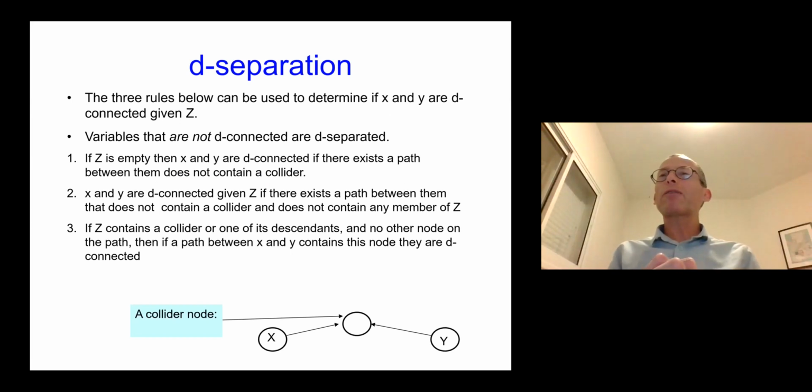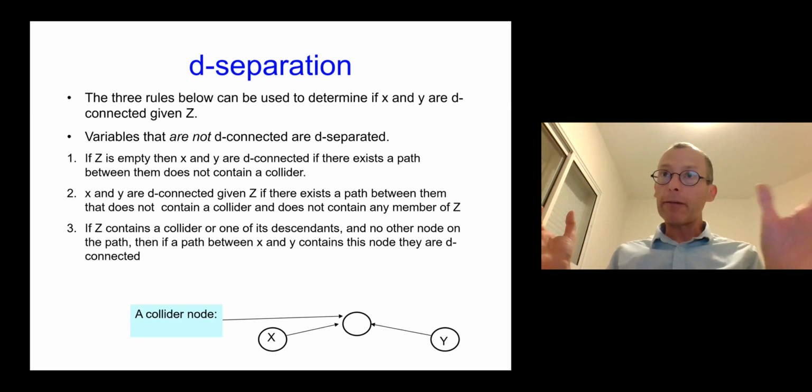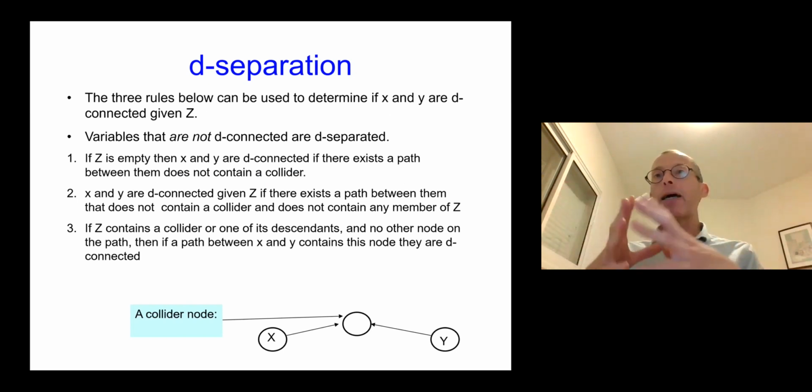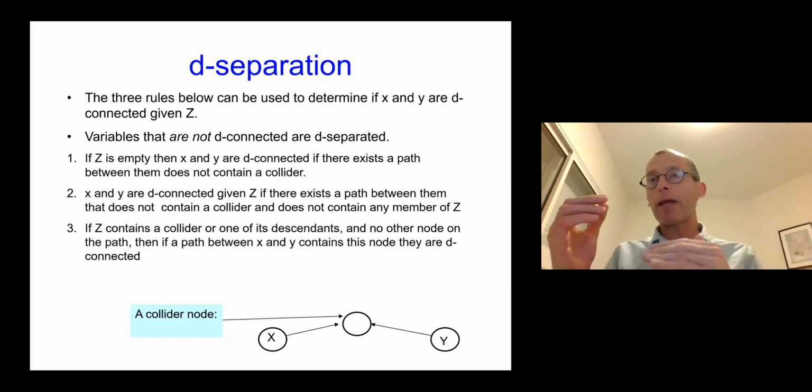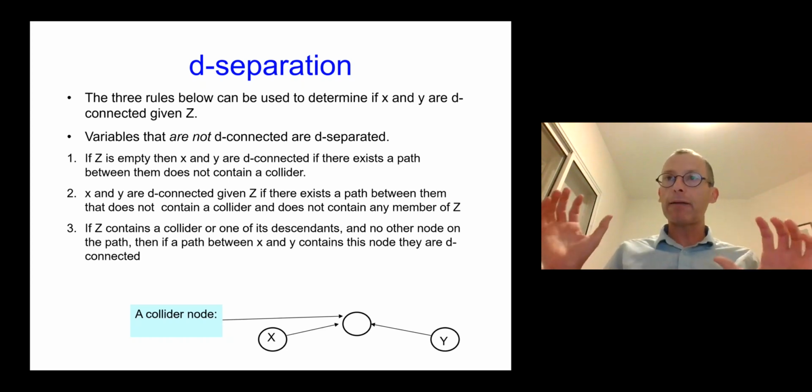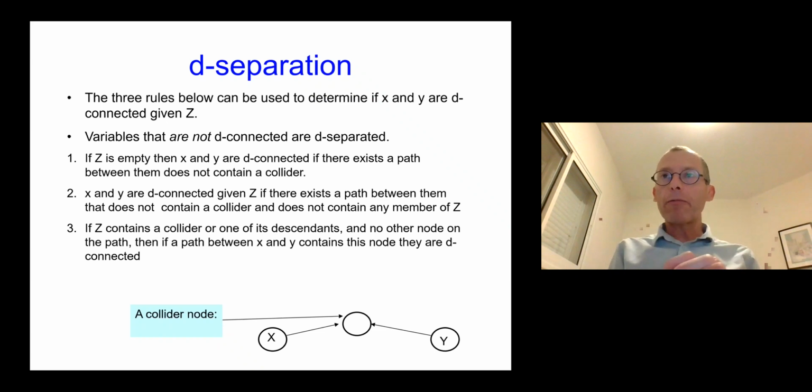They are talking about whether two nodes are connected. If two nodes are connected, they are not d-separated. But if you can rule out connections, then they are d-separated. Okay, so that's the idea. If you want to know if two things are conditionally independent, you check whether they are connected. If they are not connected, they are independent. Okay, so what are the three rules?